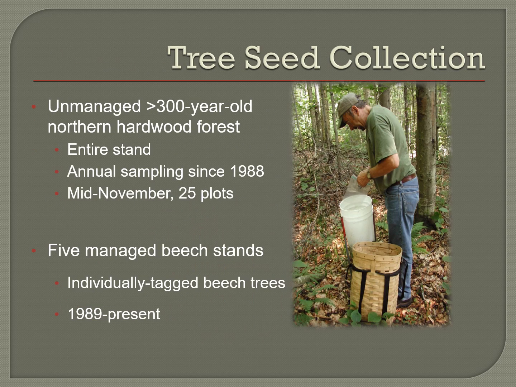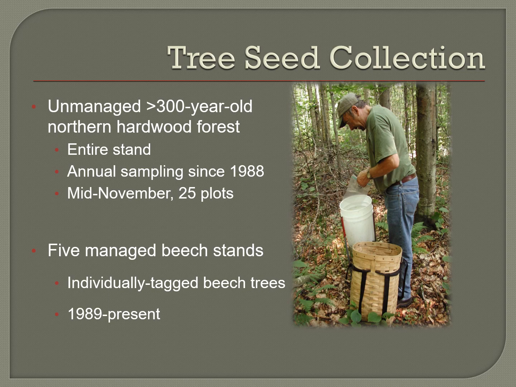Turning our attention back to live American beech and looking at the comparison of seed production in unmanaged forest across the stand, we've been collecting annual seed data since 1988 on 25 northern hardwood plots. We go out every fall and collect the nuts, identify them, look for viability, look for wildlife use.